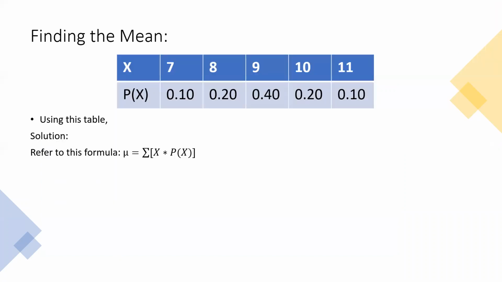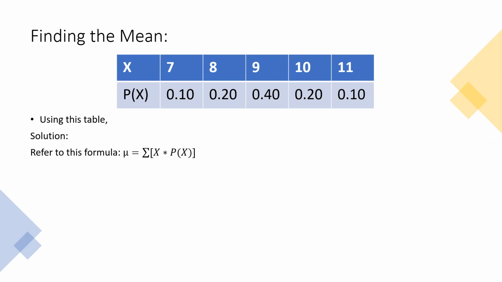So, using this table, here the X comprises the grade levels of the students of ESA, while the P of X is the corresponding probability, which is composed of the probability according to the number of students.